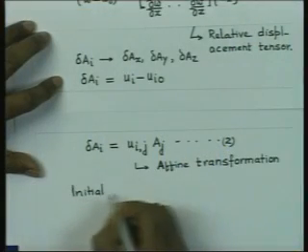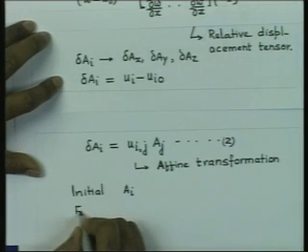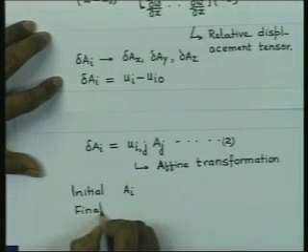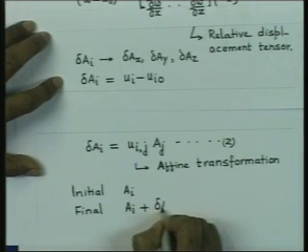Now, the changes in the length in the x, y and z direction between the 2 points is given by this affine transformation. So, the initial components of the distance were ai and the final components of the distance are ai plus delta ai.